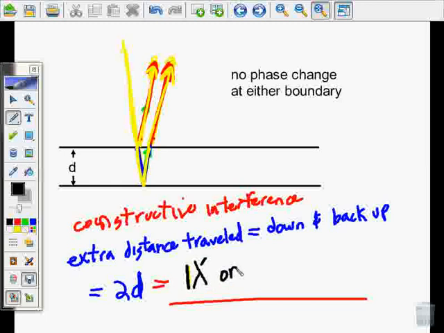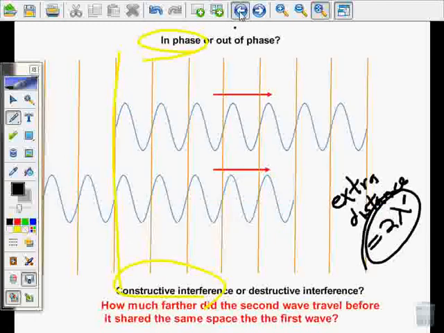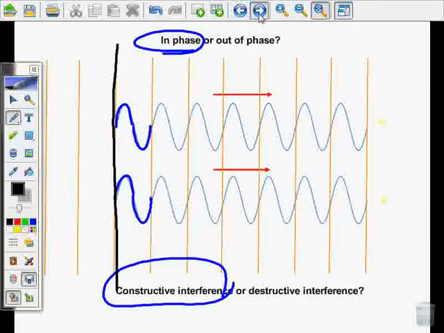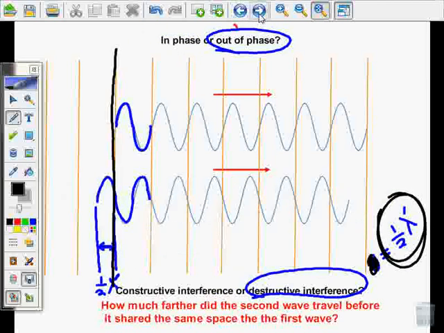Or, what else could it be? Krista? What other extra distance gave us constructive interference? Let's go back and look. Half a wavelength extra distance? Did that give us constructive?